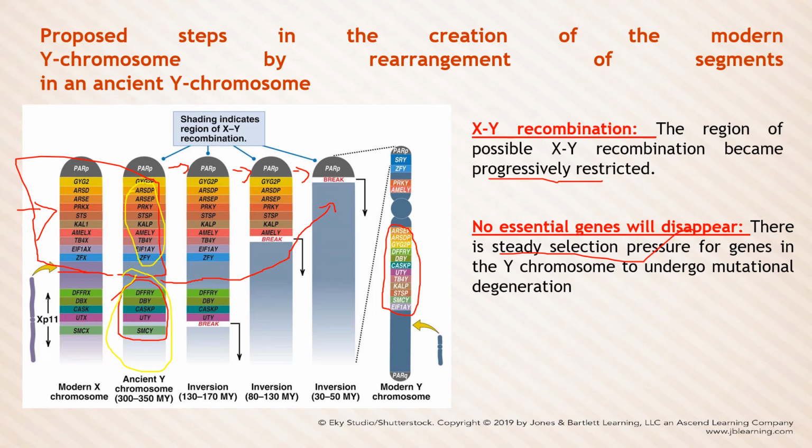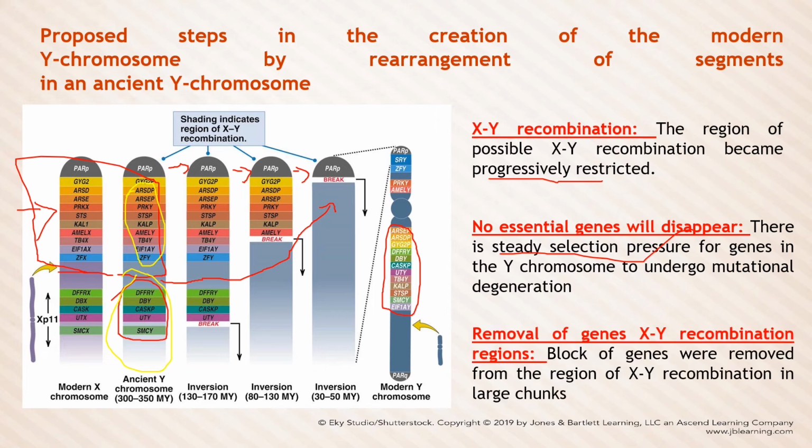So what happened is that instead of being a gradual process, there were large chunks of X and Y recombination regions that were removed from the original region. So that is all the information that we know right now about how the Y chromosome has been changing. And now I'm going to show you a small video that summarizes all this information.